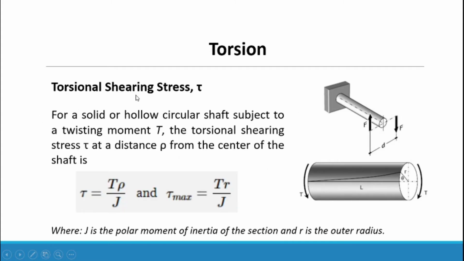Finding the torsional shearing stress, tau, for a solid or hollow circular shaft subject to a twisting moment T: the torsional shearing stress tau at a distance P or L from the center of the shaft is tau equals T times P all over J, and the maximum shearing stress is equal to T times R all over J, where J is the polar moment of inertia of the section and R is the outer radius.